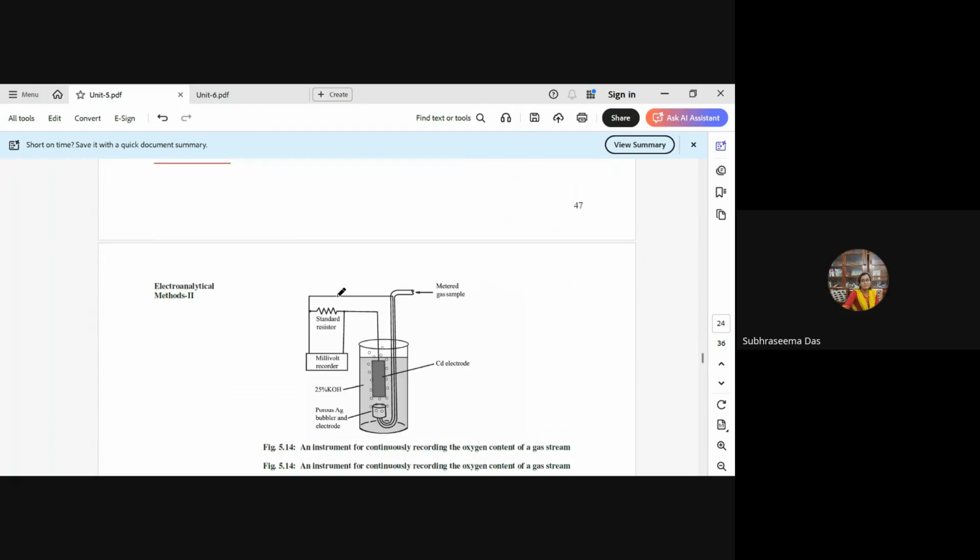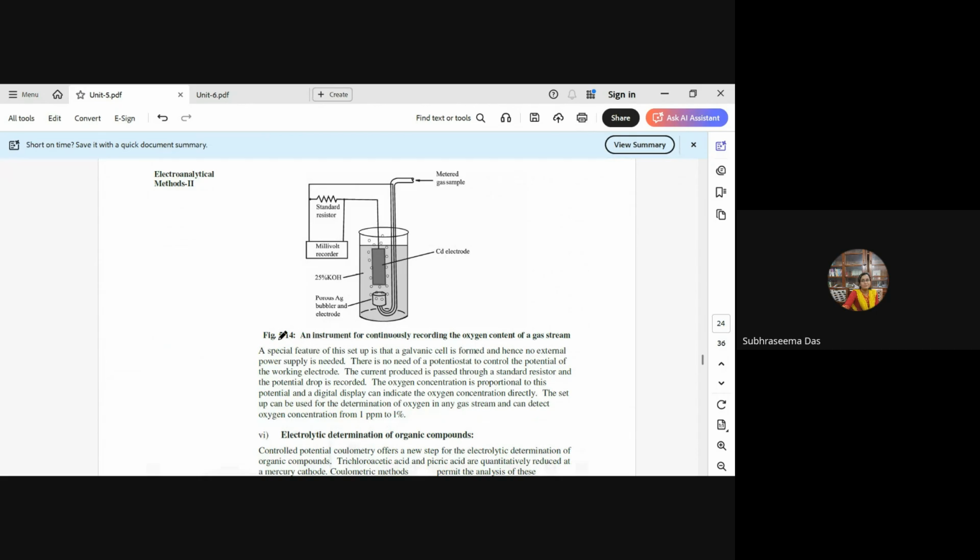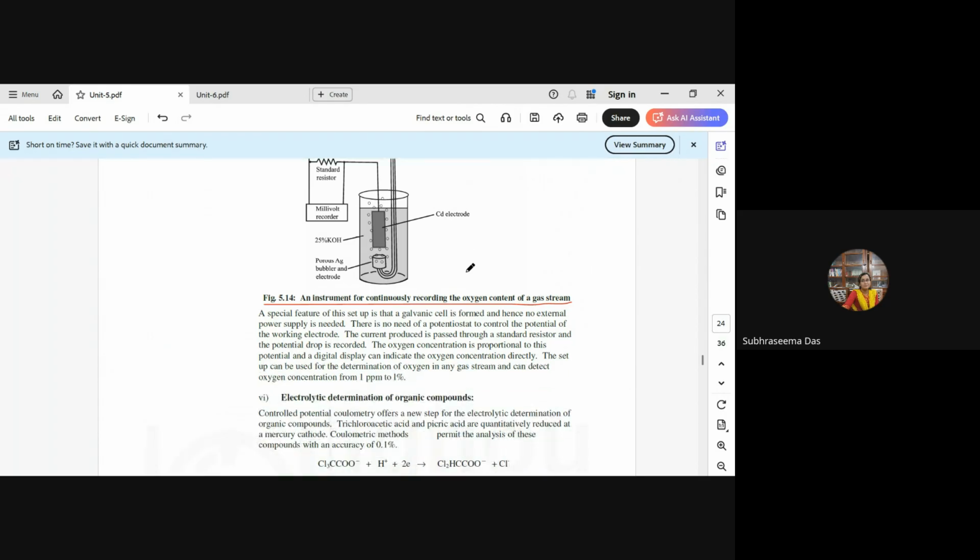and form a cadmium hydroxide solid product. Here in figure 5.14, an instrument for continuously recording the oxygen content of a gas stream has been shown. A special feature of this setup is that a galvanic cell is formed and hence no external power supply is needed. There is no need of a potentiostat to control the potential of the working electrode.